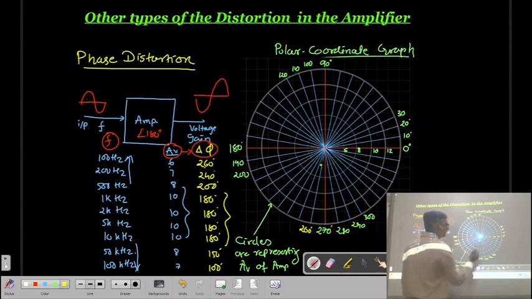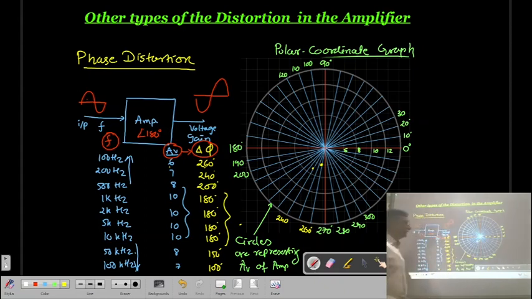So you have to mark this point. Correct? Then for the gain of 7, it is 240. So this one is 240, this is the circle for 6 and this is the circle for 8. So in between, the point will be for the gain of 7.